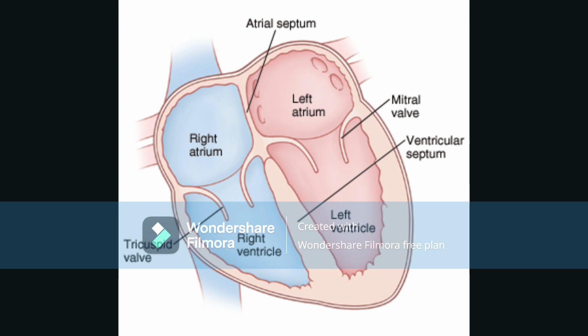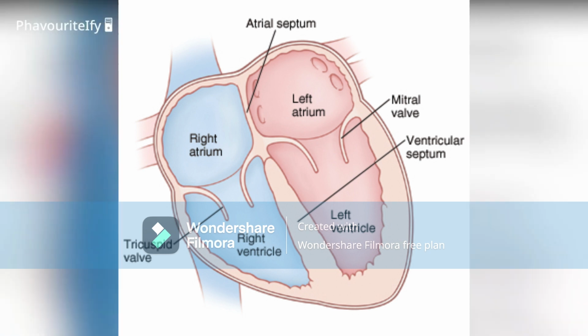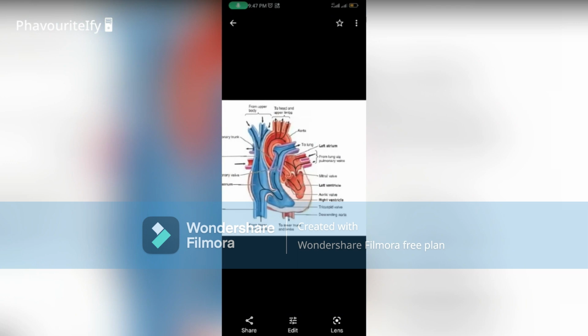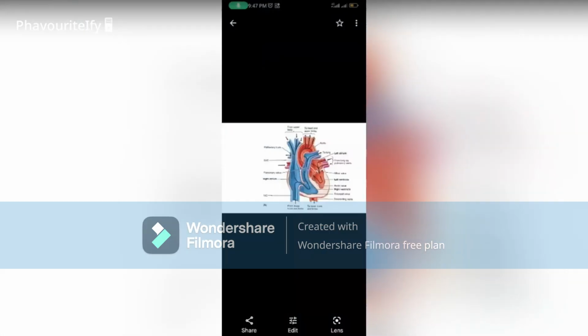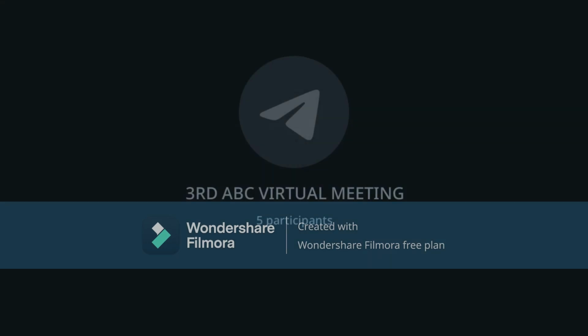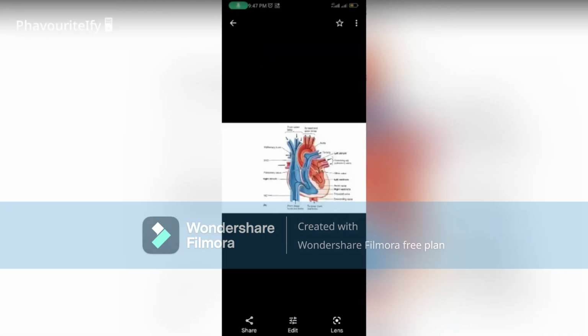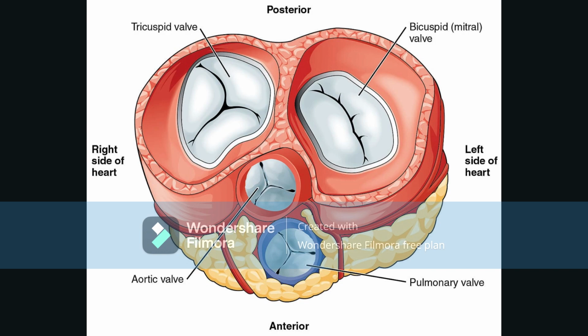So next that we talk about is the valves of the heart. The valves of the heart are structures that ensure blood flow in only one direction. They are composed of connective tissue and endocardium, that is the inner layer of the heart.